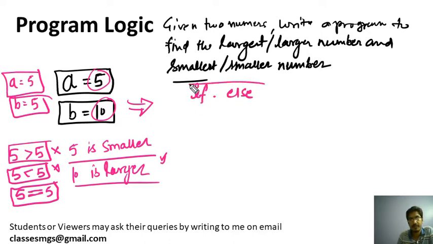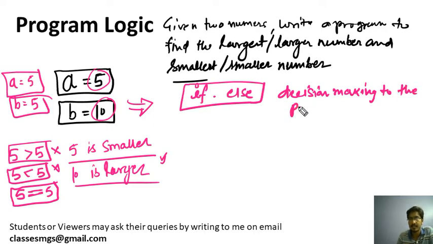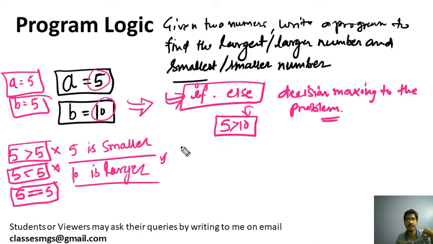The if else statement is a very powerful statement in programming which gives the decision making ability to the program, like we do in our mathematics and in our mind. We check whether 5 is greater than 10 or not. We make the decision on the basis of the knowledge we have. Similar kind of decision making you can give to your program using the if else condition.